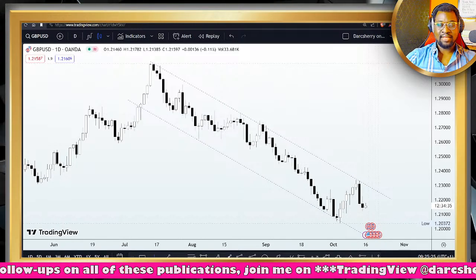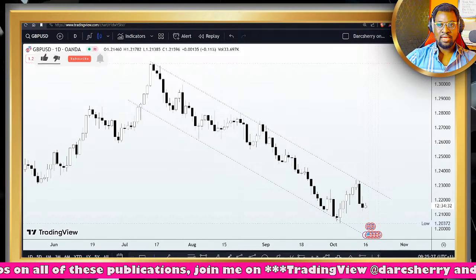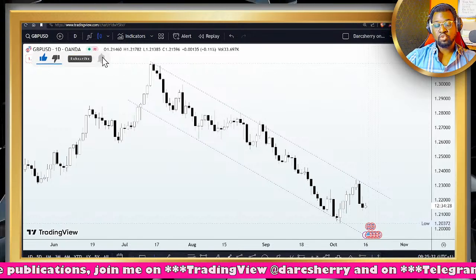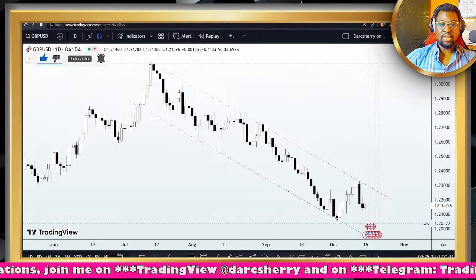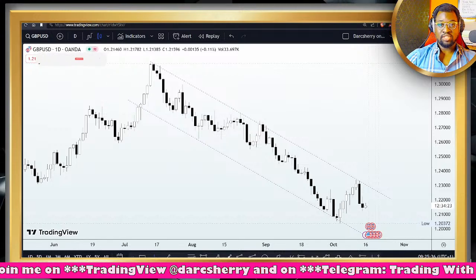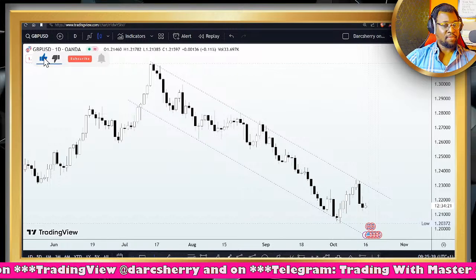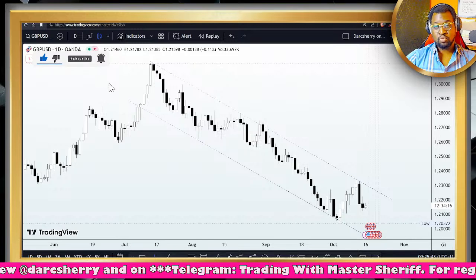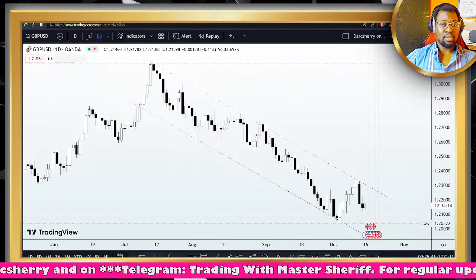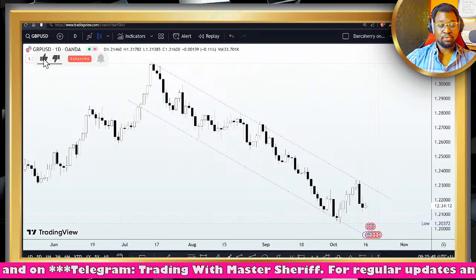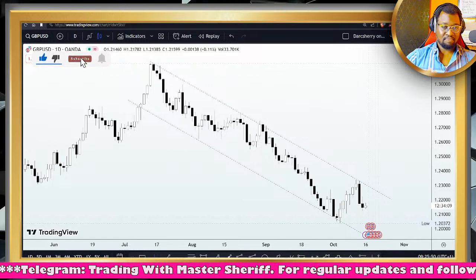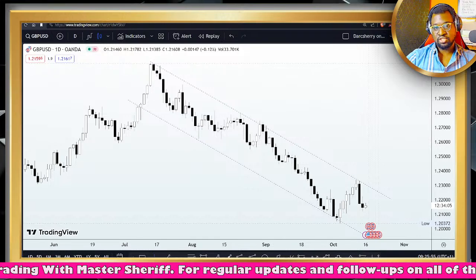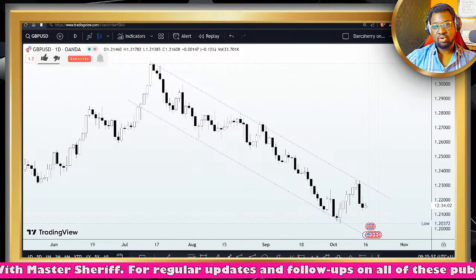Well, as usual, it's a new week, and we are going to be looking at three major assets for this week. The assets we are looking at this week are the US All Spot, the GBPUSD, and of course the XAUUSD, where I was able to identify simple trading setups using fundamental tools such as trend lines, key levels, and chart patterns to dissect the current market structure.